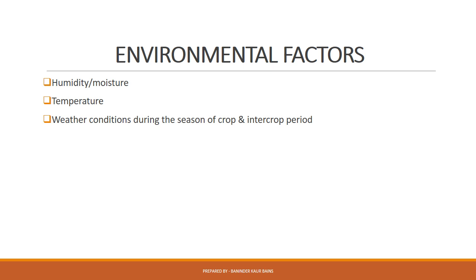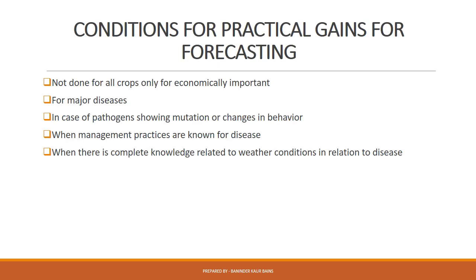Then intercrop period, the time lapse between the two subsequent crops, means we have harvested one crop, then the field is free for some days and intercultural operations like tillage is being carried out for the next crop, means the time span between harvesting of our first crop and up to the sowing of our next crop, that is called as intercrop period. So what were the weather conditions in that time?